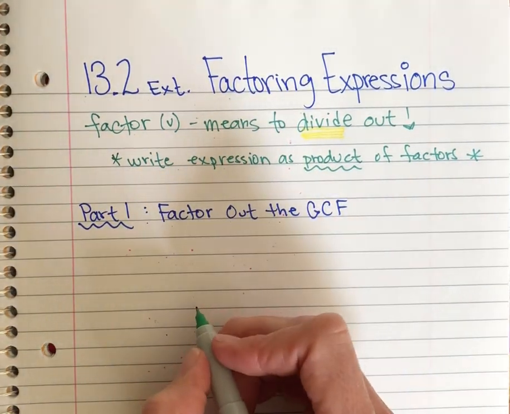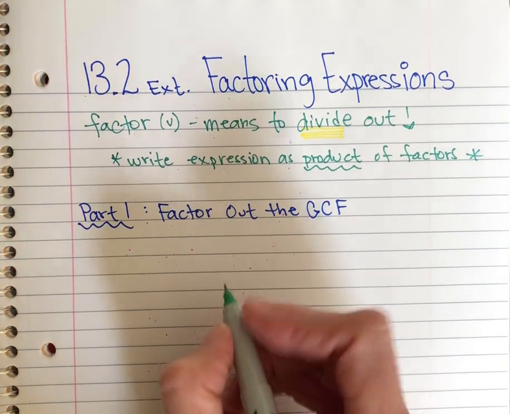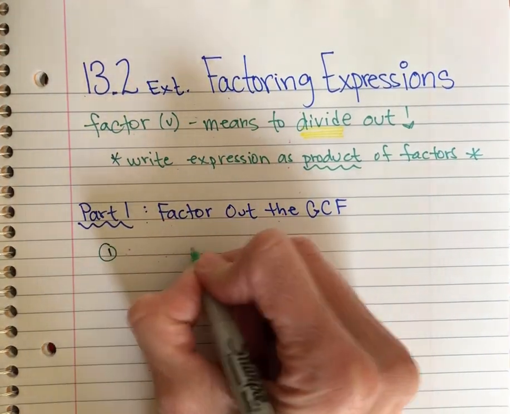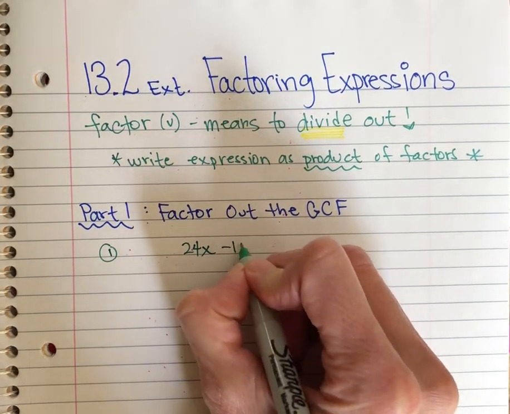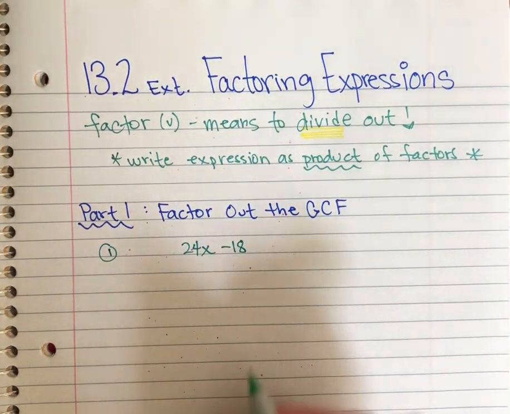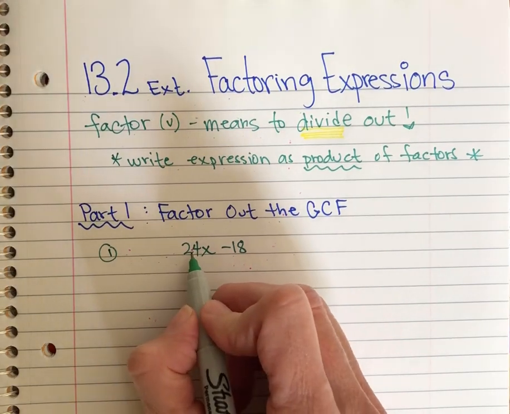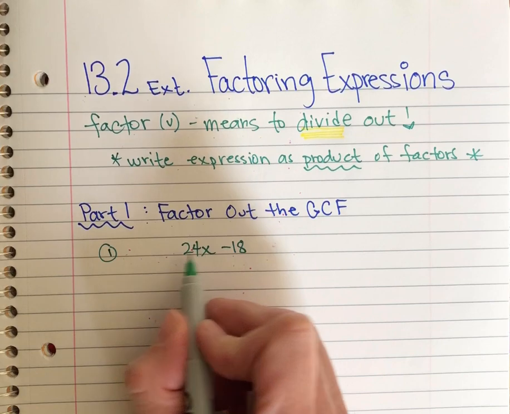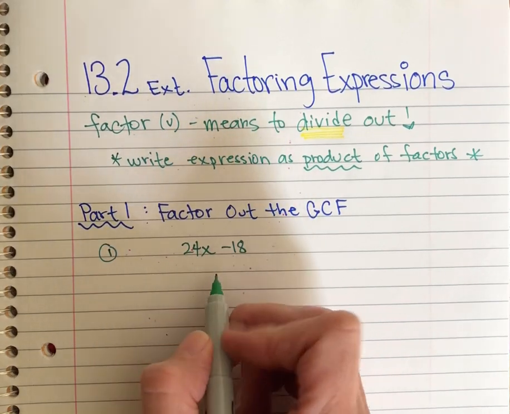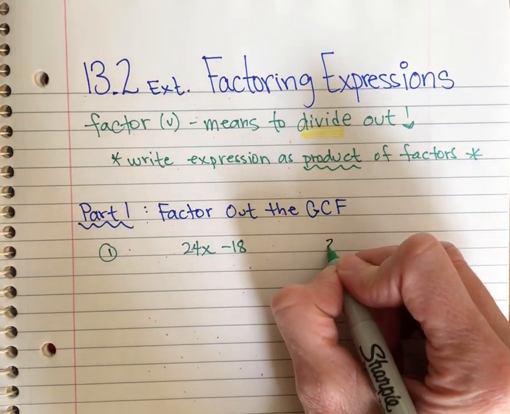So you're gonna get an expression like, number 1, 24x minus 18. And our job is to find the greatest common factor of 24 and 18. Now, at this part in the year, you probably already know just by looking at these numbers what the greatest common factor is.